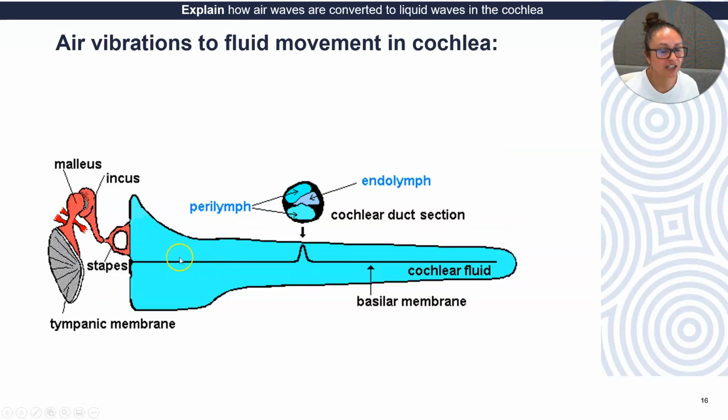Here is a little picture here. So here are the air pressure waves coming out of my mouth and going into your ear, and it's making my tympanic membrane move. See? And that is making the little bones move. Now, when the little bones move, they push fluid in the cochlea.